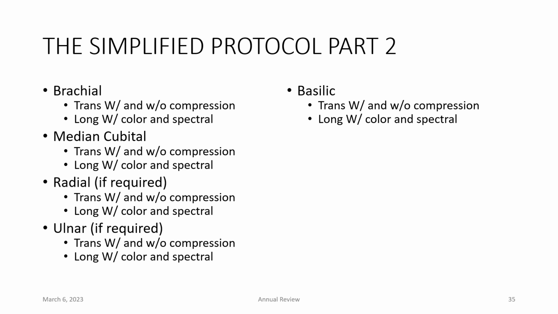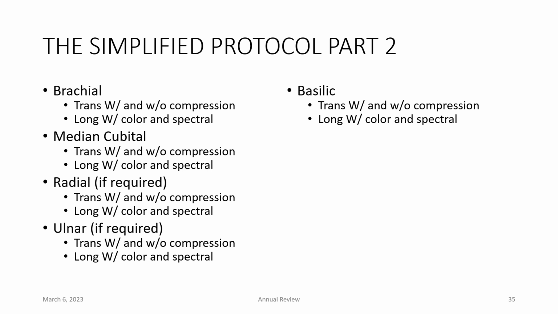Then you can finally wrap it all up by getting that last superficial long vein, the basilic. So this one, you're going to be on the medial aspect of the wrist. You can identify the basilic in that it is superficial, so it does not have an accompanying artery. You'll want to assess the basilic all the way from its origin at the wrist to its termination where it joins with the brachial to produce the axillary.